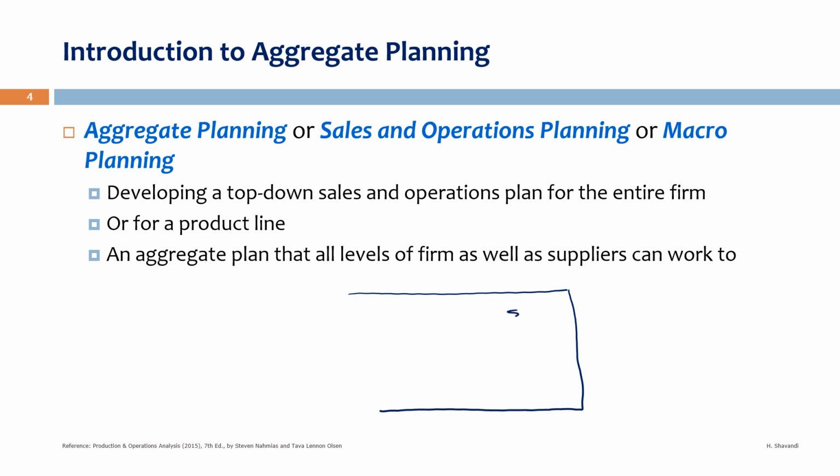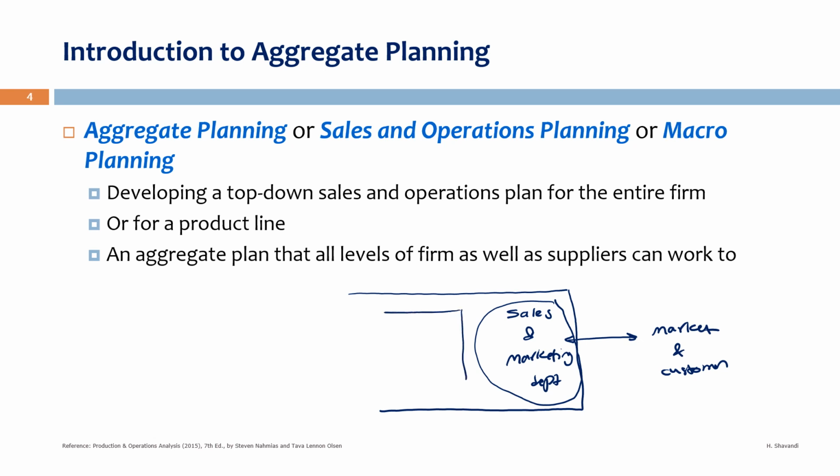So we have a sales and marketing department in the front line, communicating with market and customers, right? And then, so this is our sales and marketing department. And then we have the production department, actually, or manufacturing department.